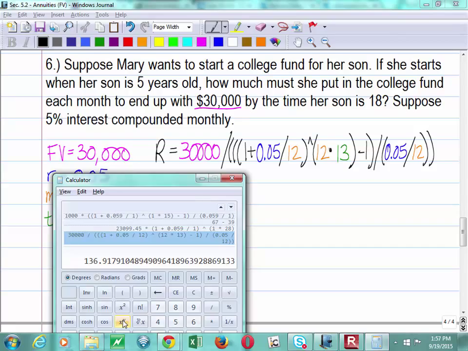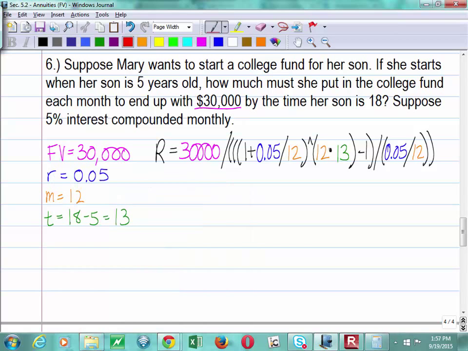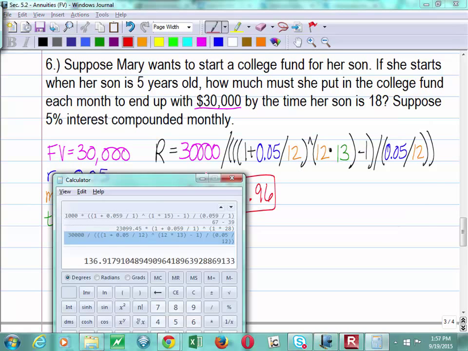Okay, so that gives me $136.92. Alright, so that's how much she needs to deposit. Oh, 92 cents, sorry.